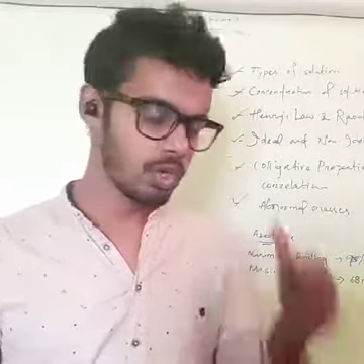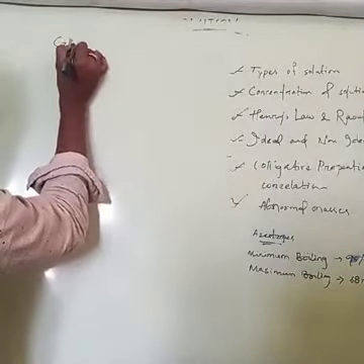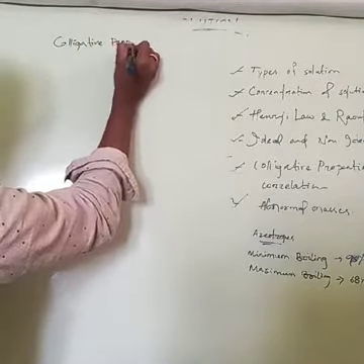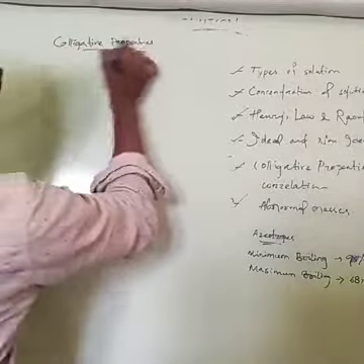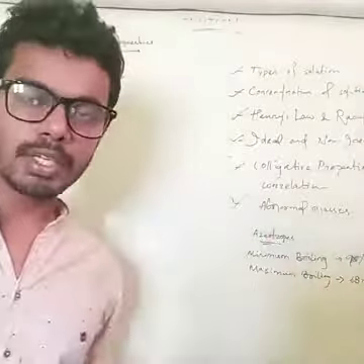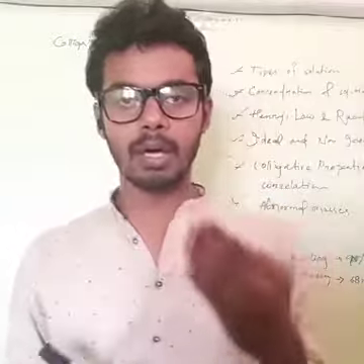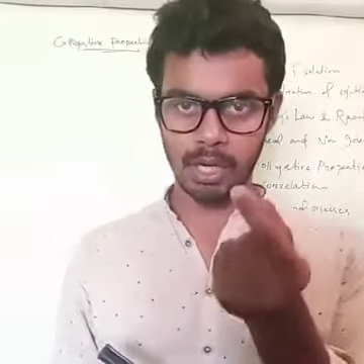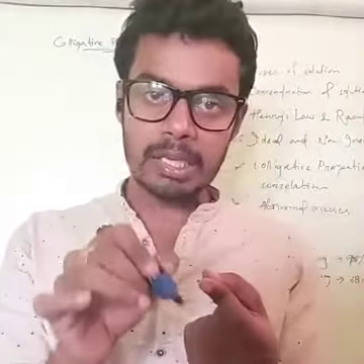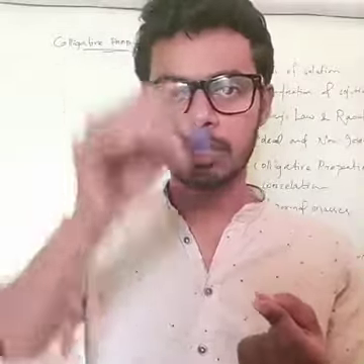Okay, understood? So next we will move towards the colligative properties. Solutions show colligative properties. So what is this colligative property? A colligative property is that property which depends on the number of solute particles in the solution, irrespective of the nature of the particles which are dissolved.